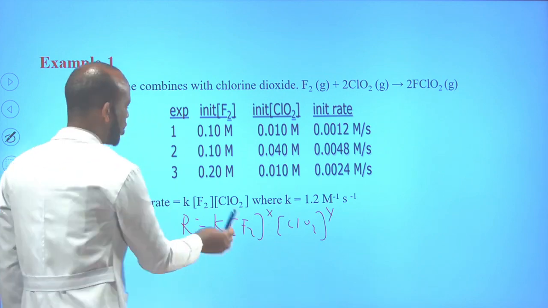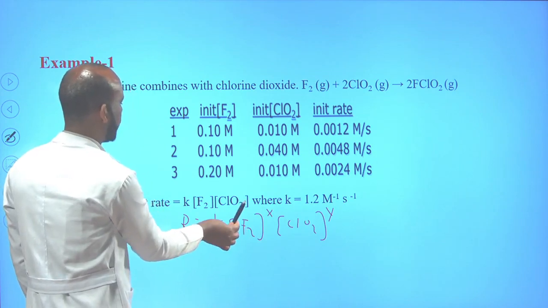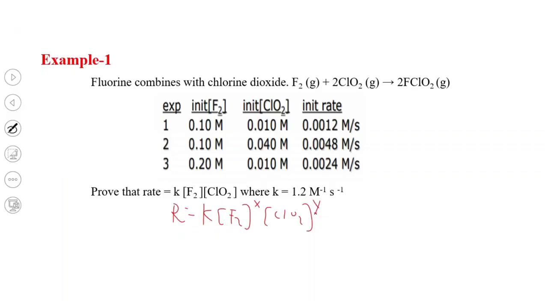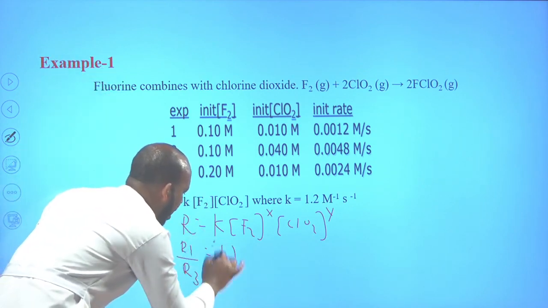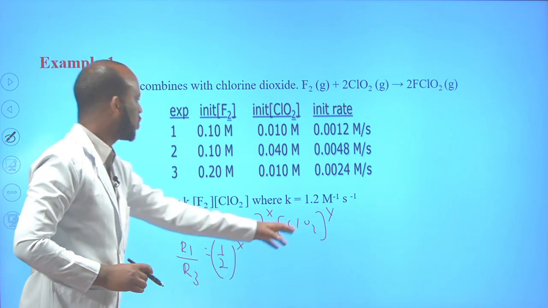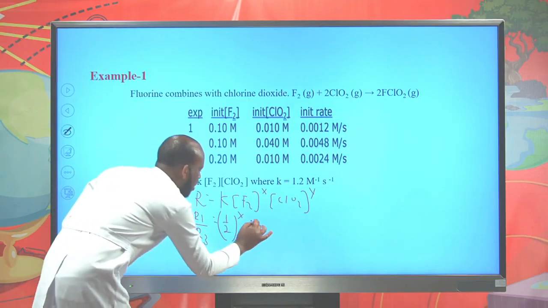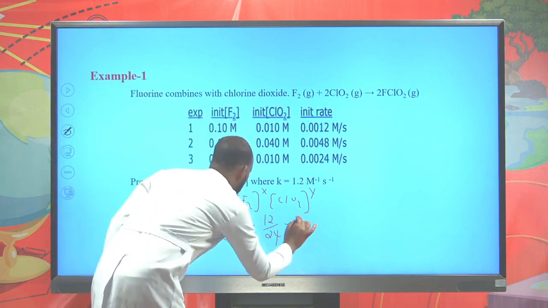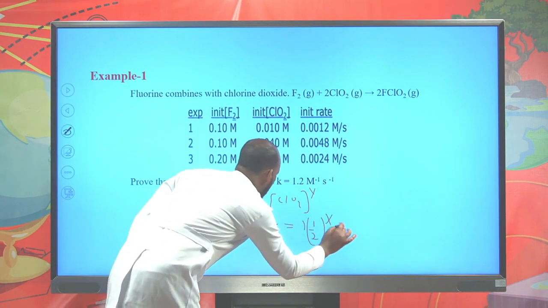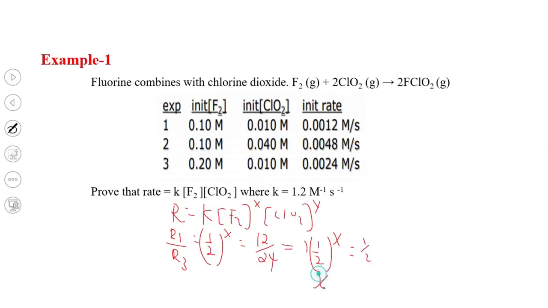Taking rates 1 and 3, R1 over R3 equals 1 over 2 to the power X. The concentration of ClO2 is constant, so this equals 12 over 24, which is also 1 over 2. From this, X equals 1.